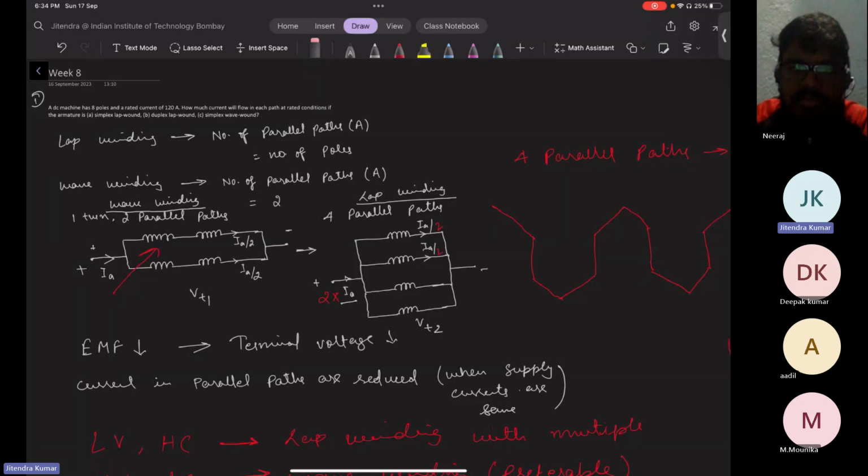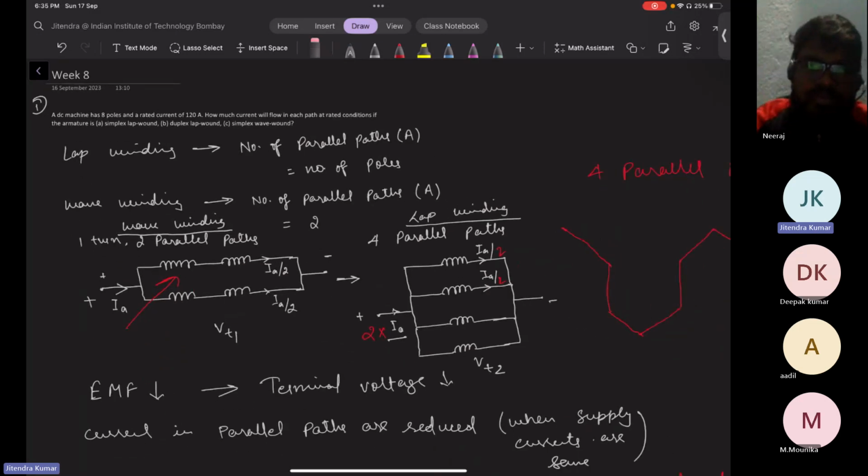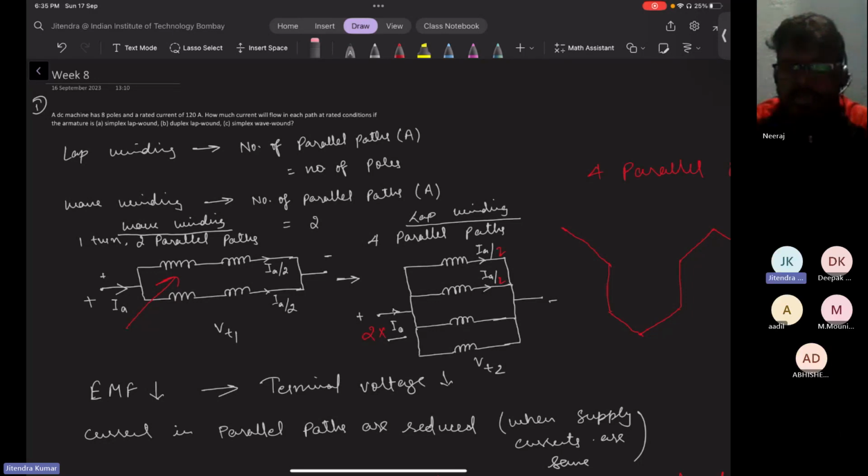Okay, so now in the first part, how much current will flow in a simplex lap wound? Sir, 15 ampere. 15 ampere. Does everyone agree with Neeraj? If you are not able to speak, you can write in the chat box also.